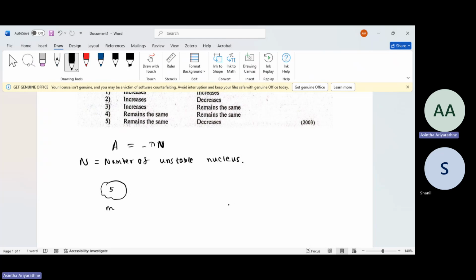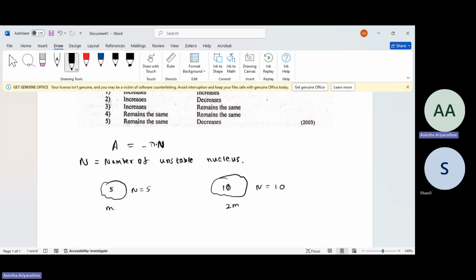If you get 2M of the same sample, twice the mass, there would be higher than 5, maybe 10 unstable elements. So N is increased. Here N is 5, here N is 10.